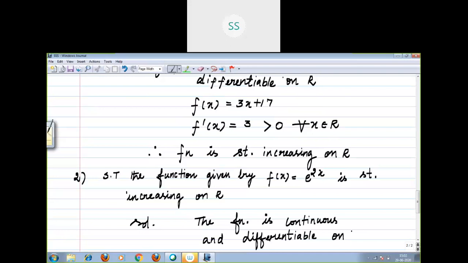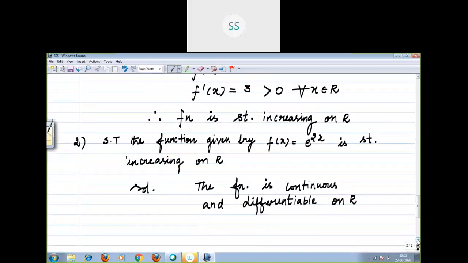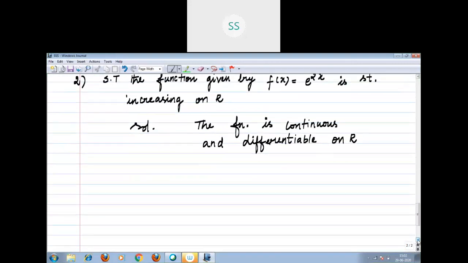They have given capital R. I said the limitation of R is nothing but minus infinity to plus infinity, that is real numbers, right? Now f of x equal to e power 2x. The derivative of e power x is nothing but e power x.